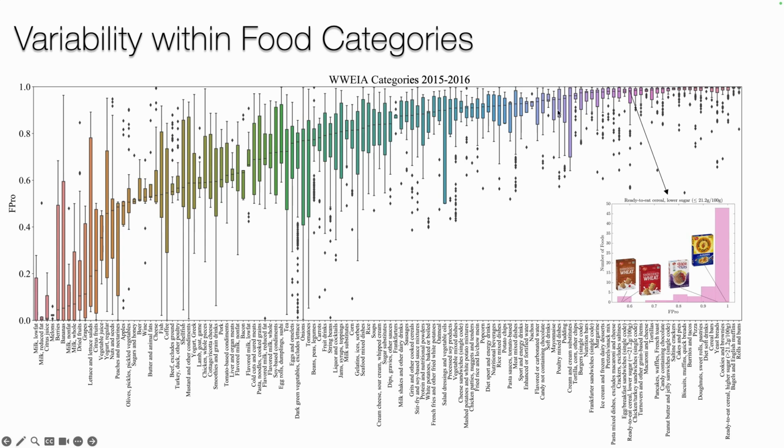For example, if we look into the ready-to-eat cereals, we observe an increase in patterns of FPRO determined by several nutrient alterations, like decrease of fiber content, sugar addition, fat addition, and vitamin and mineral fortification. So these cereals reported here are considered equally ultra-processed by NOVA, for example.